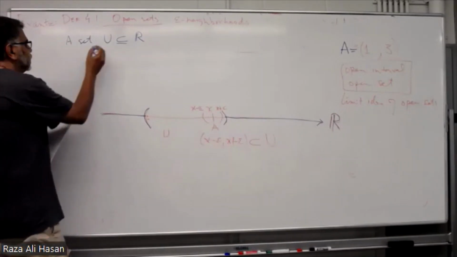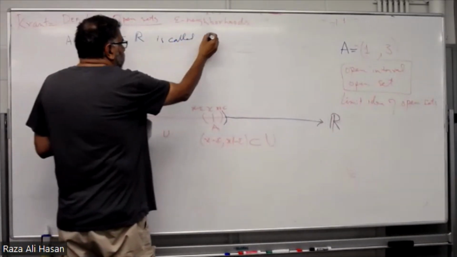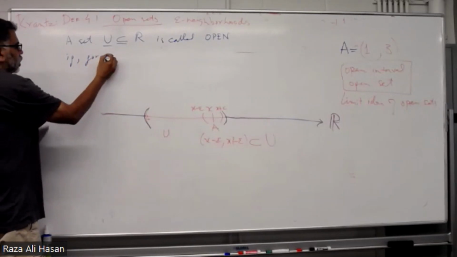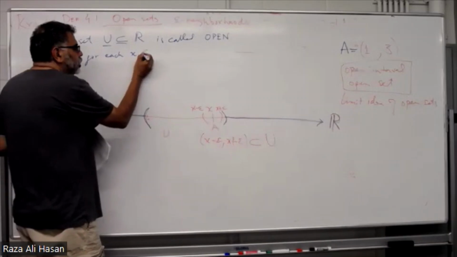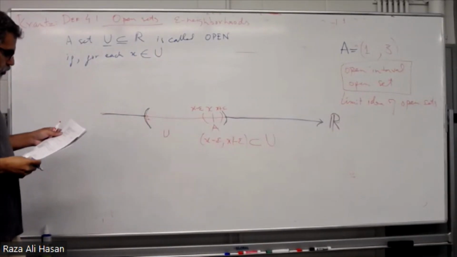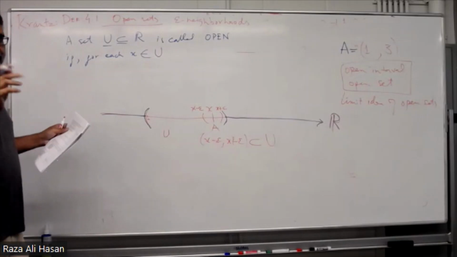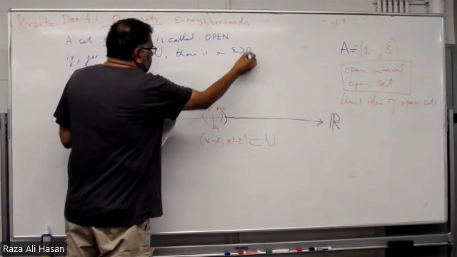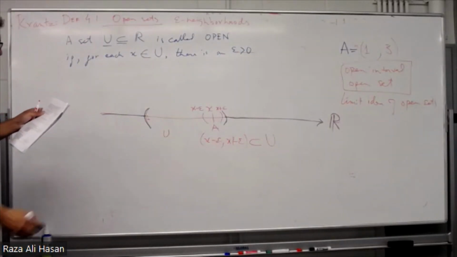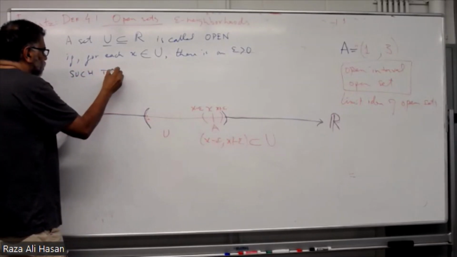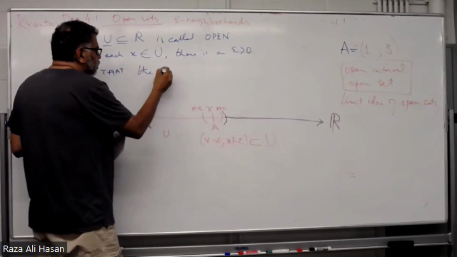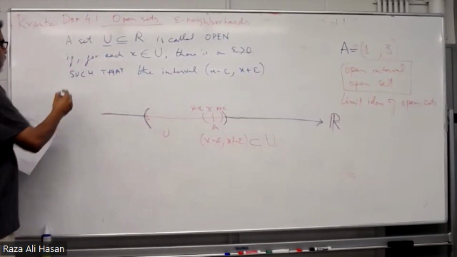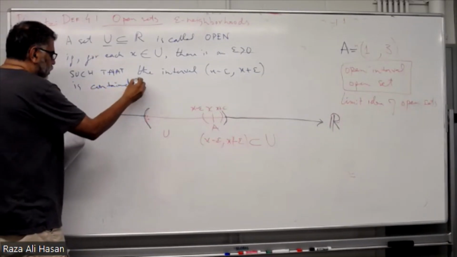This set here is called open if for each X in U we can find an epsilon, that is, there is an epsilon, a positive number, such that the interval is contained in U.